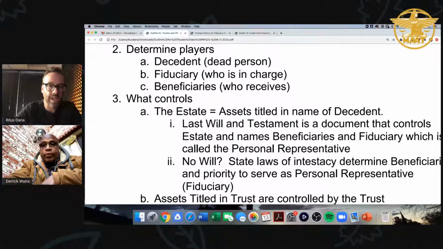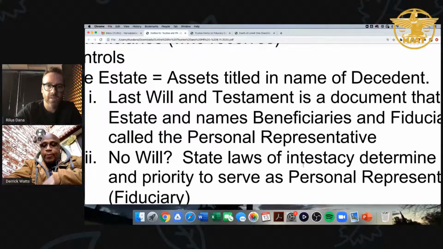If they had a last will and testament, that will be controlling. If there's no will, look up the laws of intestacy. So you're in Oklahoma, you said? Yes. So Google Oklahoma laws of intestacy. Intestacy means no will.